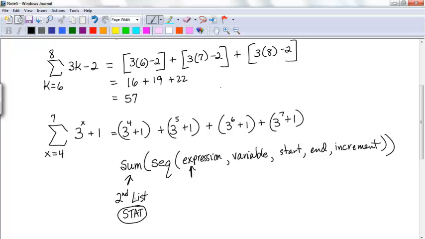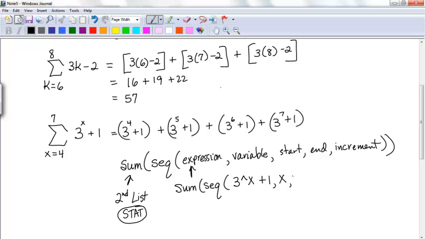Now our expression. We're going to put in sum, sequence. Our expression is going to be 3, raised to the x power, and then plus 1. 3 to the x power plus 1. Then our variable, we're using x. You could use n or whatever, but I'm using the X,T,theta,n key.